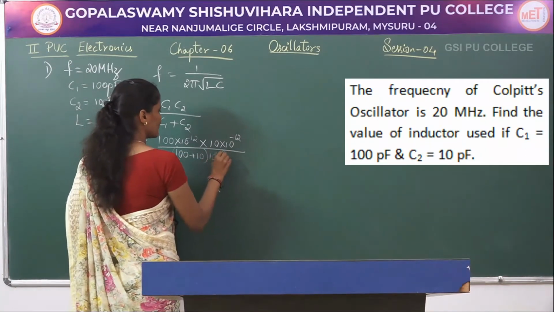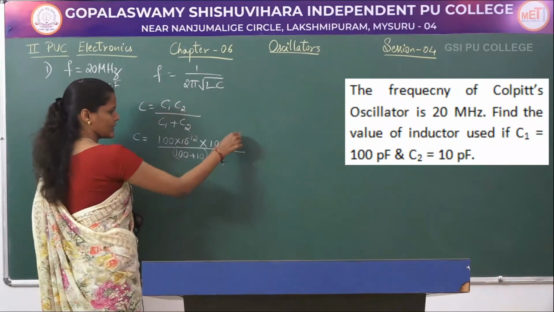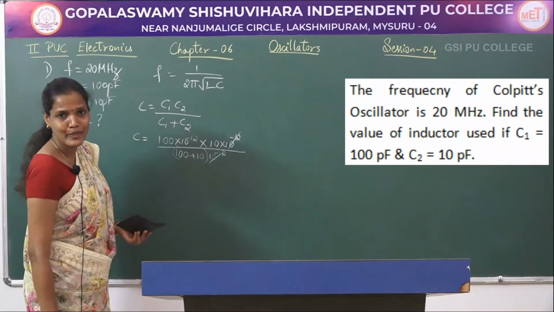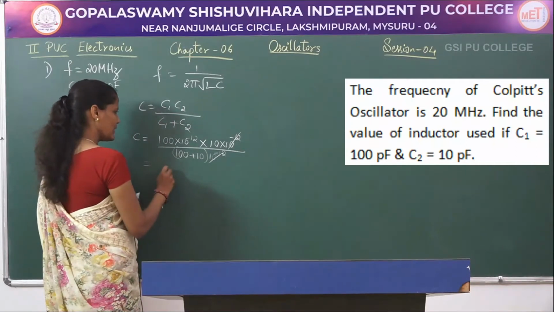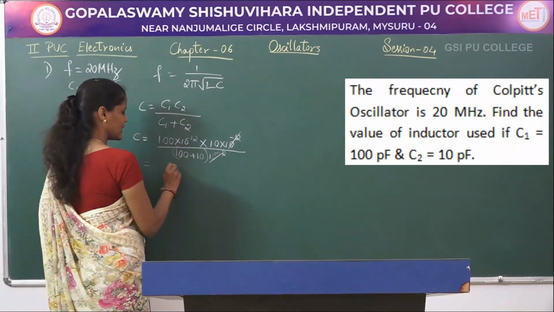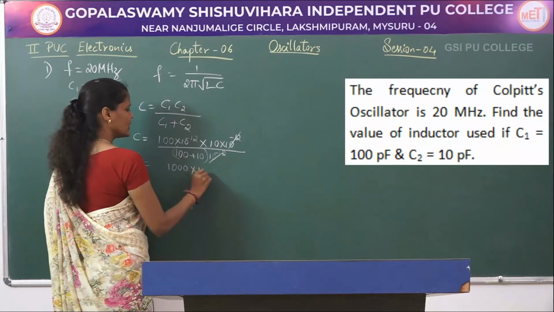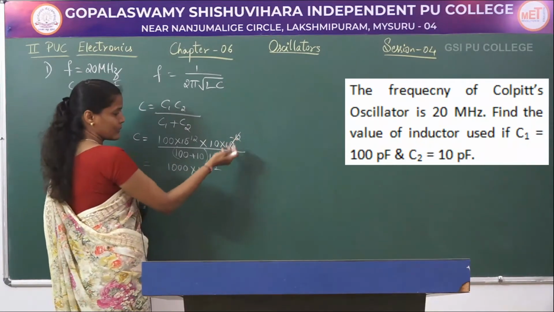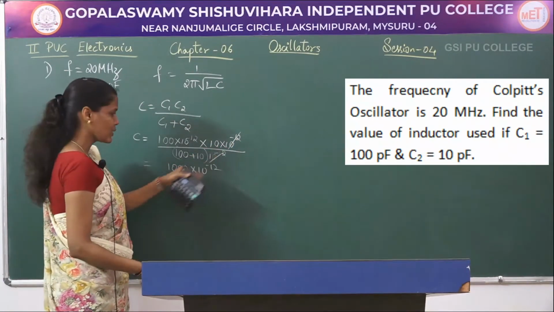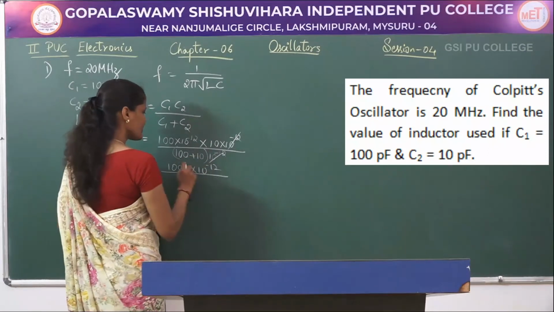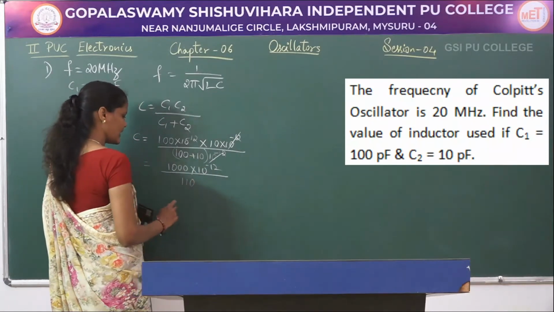The 10 to the power of minus 12 cancels with the denominator. I will be left with 100 into 10 gives 1000, divided by 100 plus 10, which is 110.